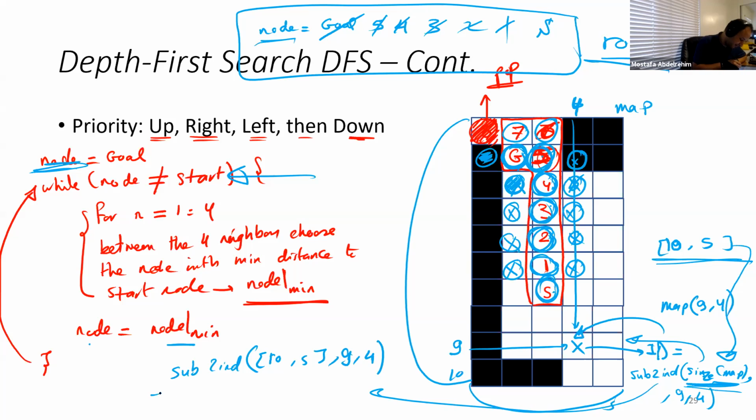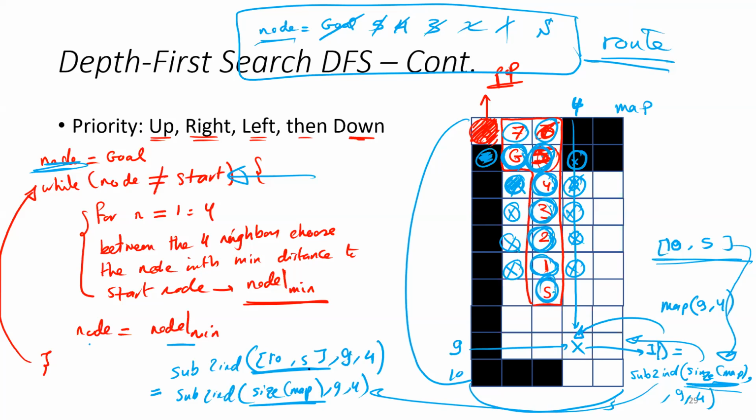This is equivalent to, I'm writing it again to be more clear, sub2ind of size of map, 9, 4. This is equal to this. So you're looking into that array on row 9 and column 4 in order to find the index of that cell. That's what it's doing there.